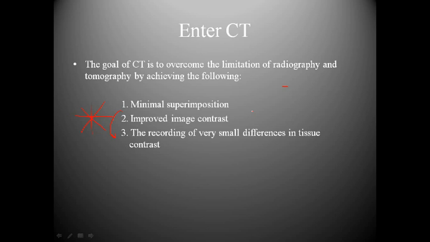We've decreased the amount of difference that has to be in tissue to be seen by CT, and because of that, we can see all of these little tumors. We can aid in diagnostic value clear across the board. It's very important that CT is achieving these goals, and without these goals, CT would be irrelevant and there would be no need to perform it.